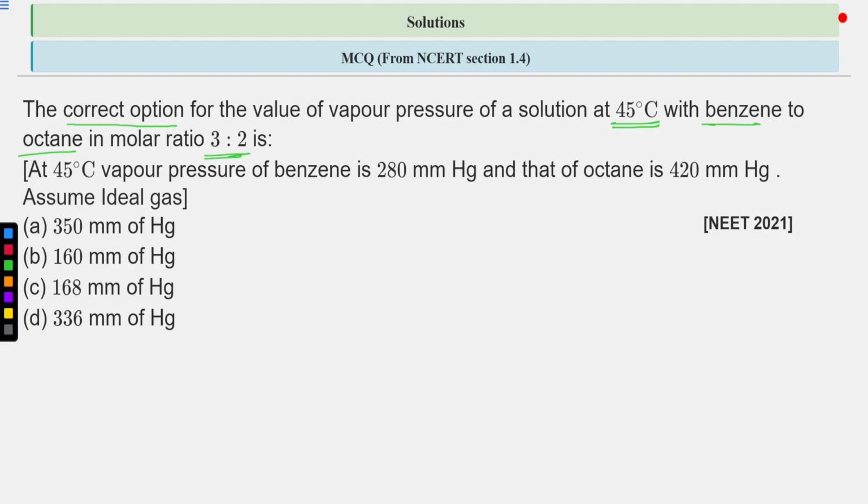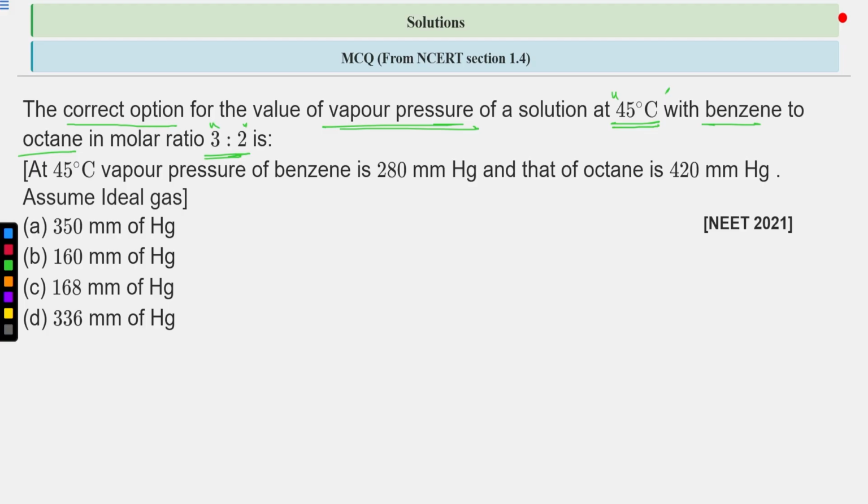So you have to tell from the options which is the correct value of vapor pressure of a solution at 45 degrees Celsius with benzene to octane in the molar ratio 3:2. So the benzene to octane ratio is given for a solution, which is 3:2.